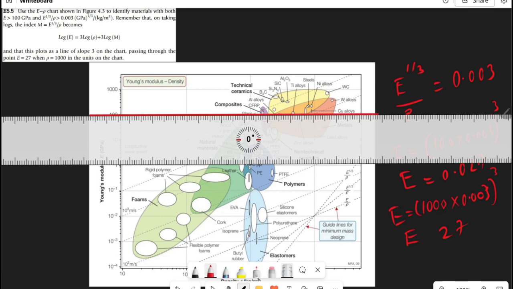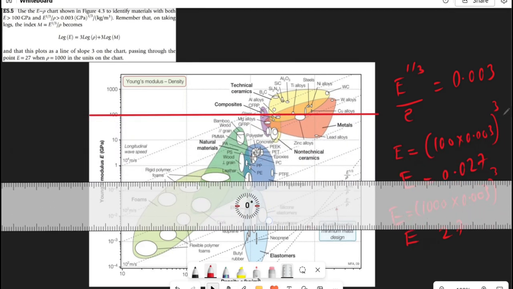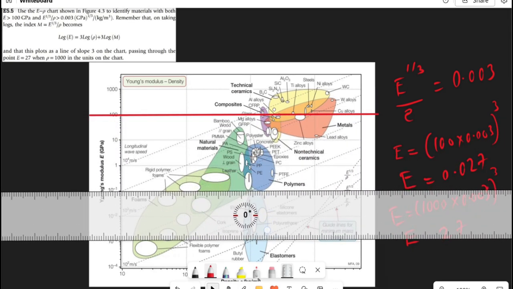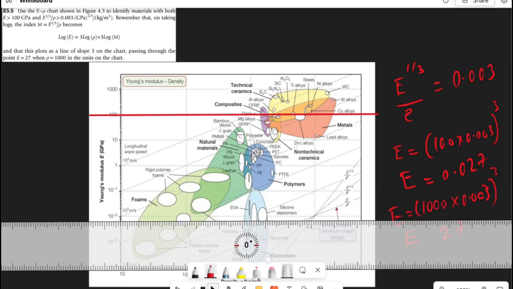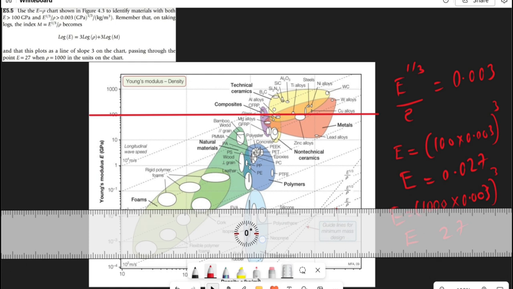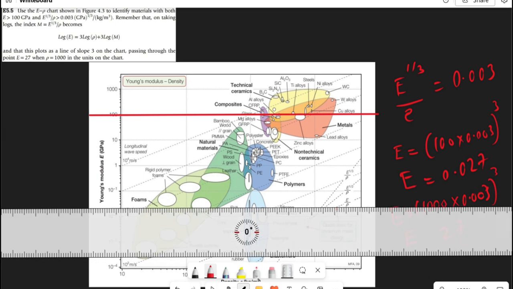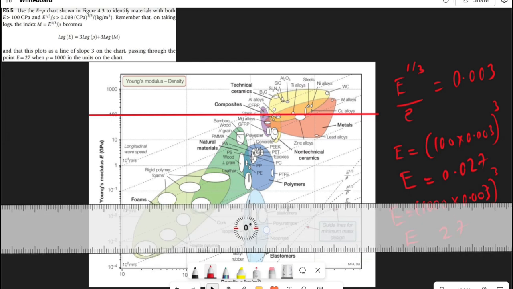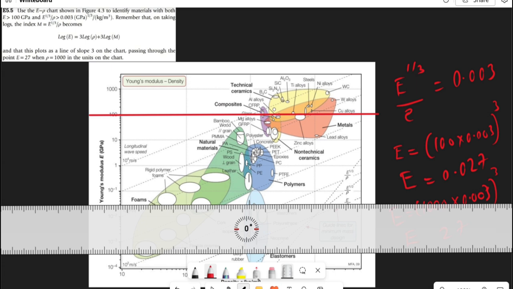So when density is 100, our E is 0.027. So this is 0.00, this is 0.2, this is 0.02, and this is 0.027. So somewhere around here should be 0.027.